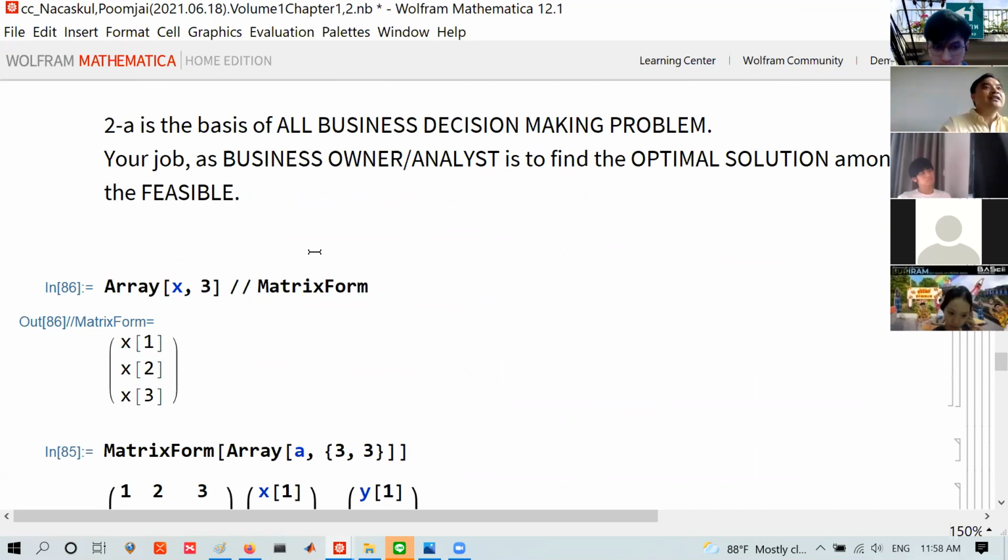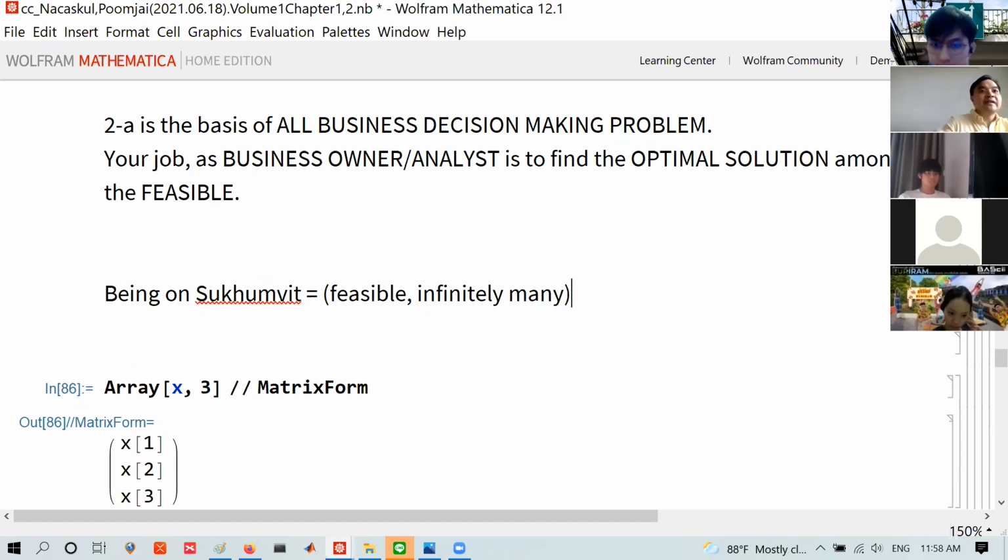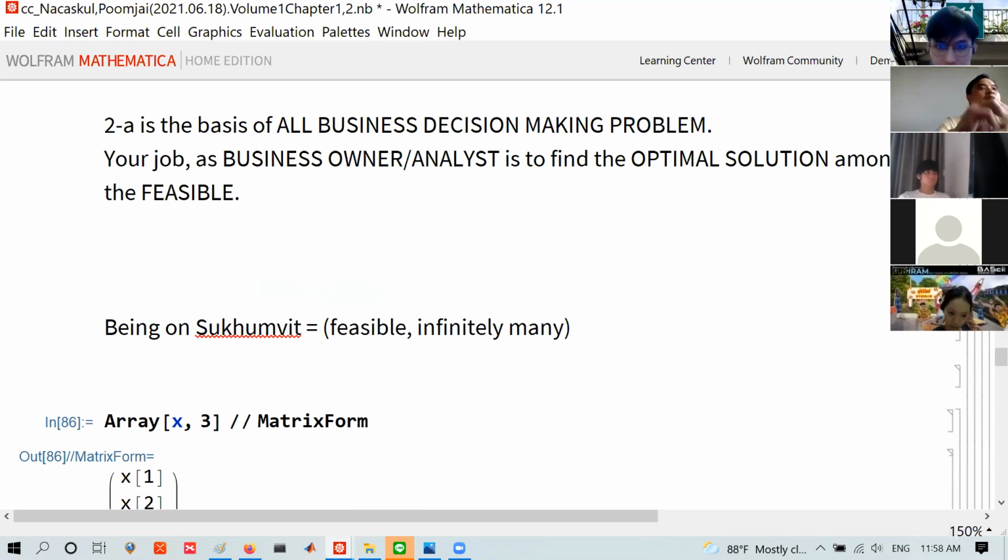What's that infinitely many solution? That's like being on Sukhumvit. Okay, feasible, infinitely many. Okay. Now, you don't want to just be on Sukhumvit, you want to be nearest to Lumpini Park.